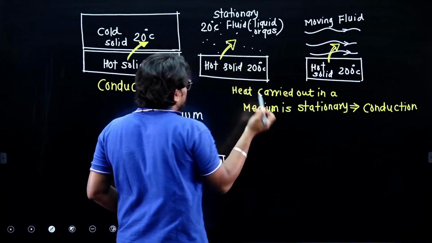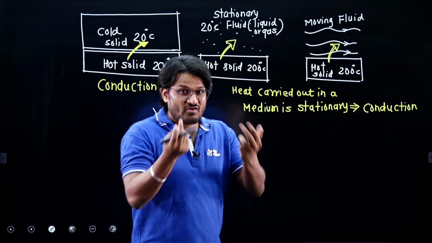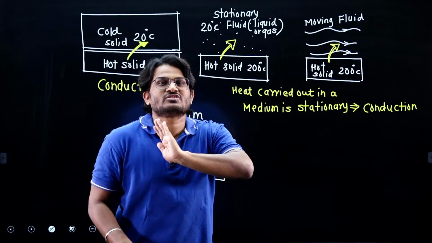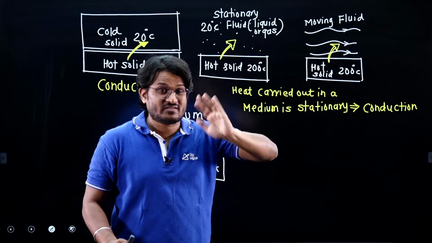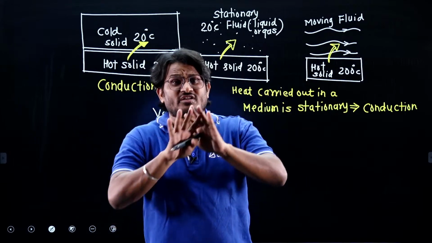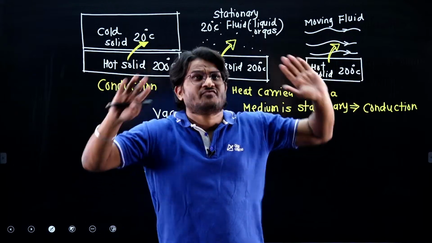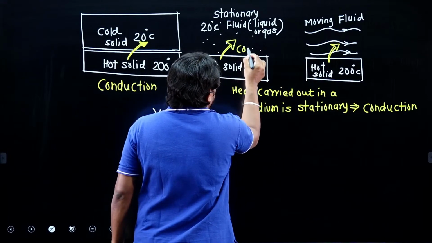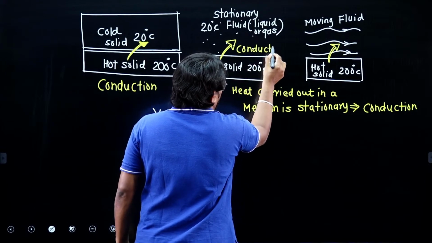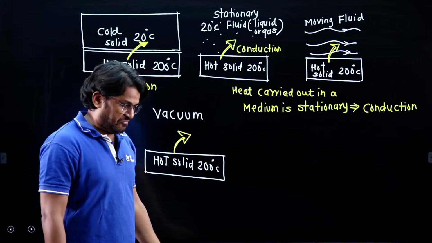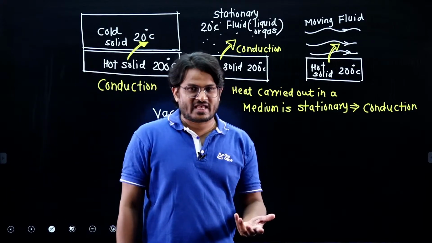Here it is a fluid. Make sure that the fluid is not flowing. Please remember one thing: even though it is water, if that water is not moving in front of me, then it is again called conduction. You may have a doubt: sir, gas will flow.